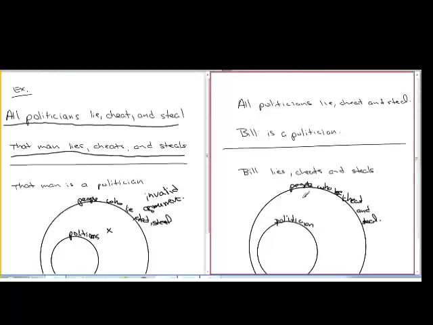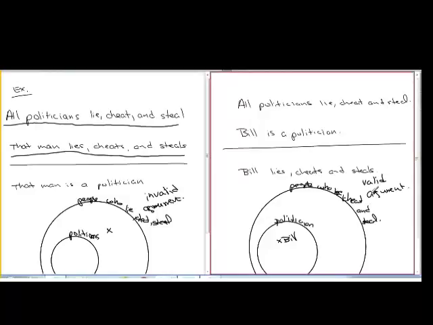But the second statement would say Bill is a politician, so here's Bill. It forces me to put an X inside the smaller circle. As a consequence, the third statement, which is the conclusion, has to be true. Bill is somebody who, because he's a politician, lies, cheats, and steals. So this is an example of a valid argument because of that fact.